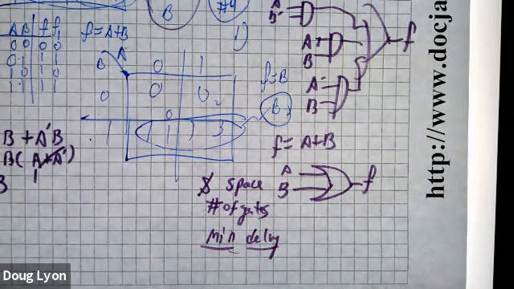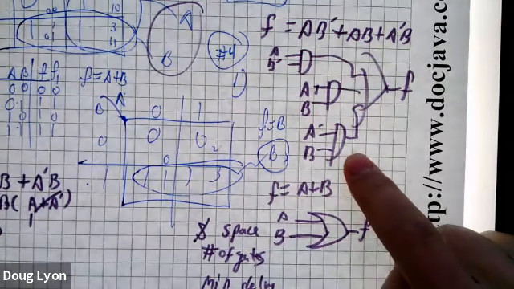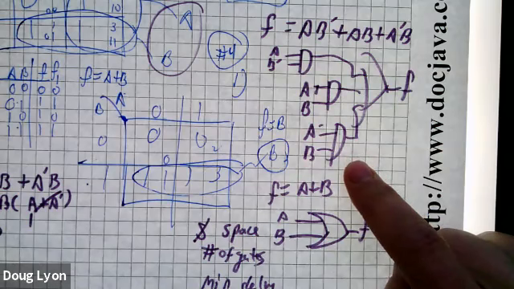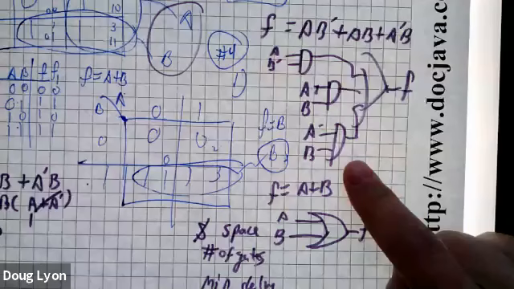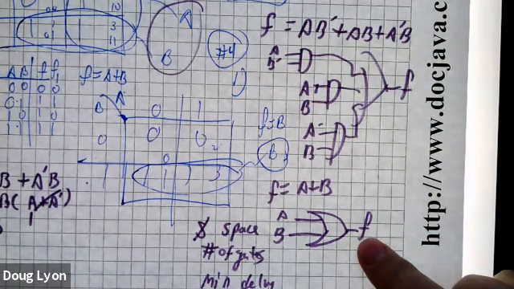So lots of benefits to finding a minimal sum of products. In fact, if you think about it, if these gates were made with something like tubes or relays or worse, qubits, which are totally expensive, then you would have an enormous cost compared with a simple cost.